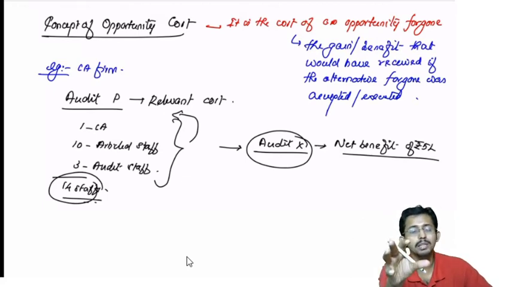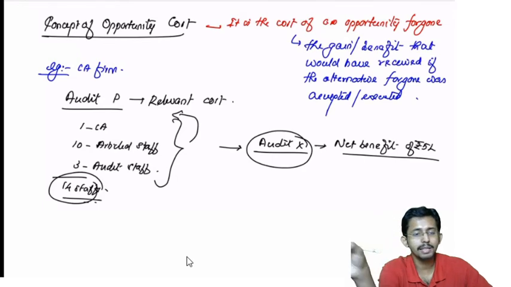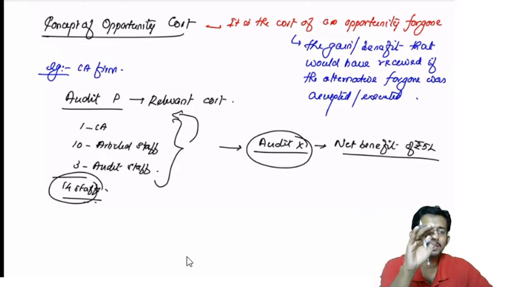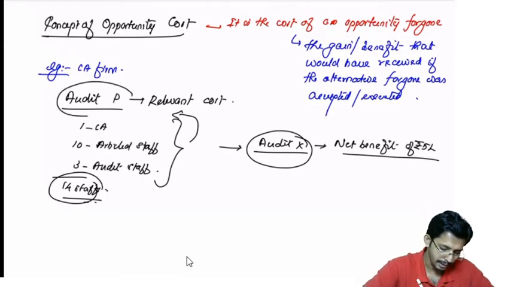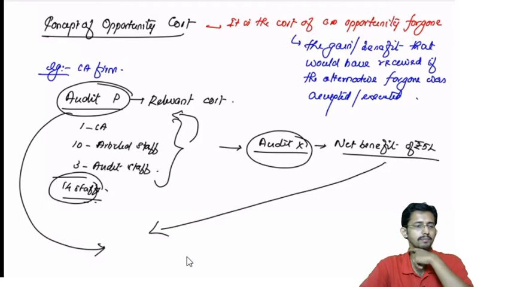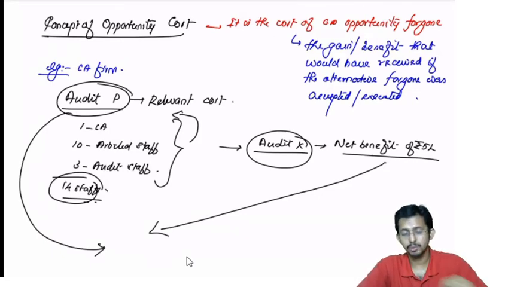What is the opportunity lost? You are not able to do audit X. So audit X is the opportunity lost. The net benefit you foregone from the opportunity you have lost is the opportunity cost of what? Of audit P. Which means when you compute the relevant cost of audit P, it should also include the opportunity cost of this 5 lakh rupees. Is it clear? That is the concept of opportunity cost.